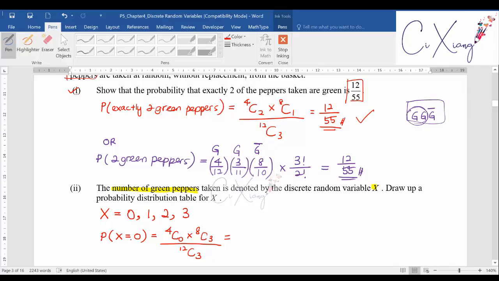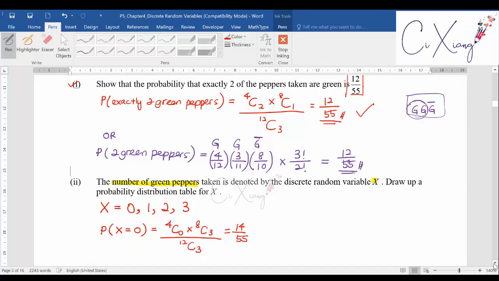They're asking for no green pepper, so it's 4C0, 4 green peppers choose 0, times the other colors, 8C3, divided by the total without restriction, 12C3. The first value here you should get is 14 over 55.